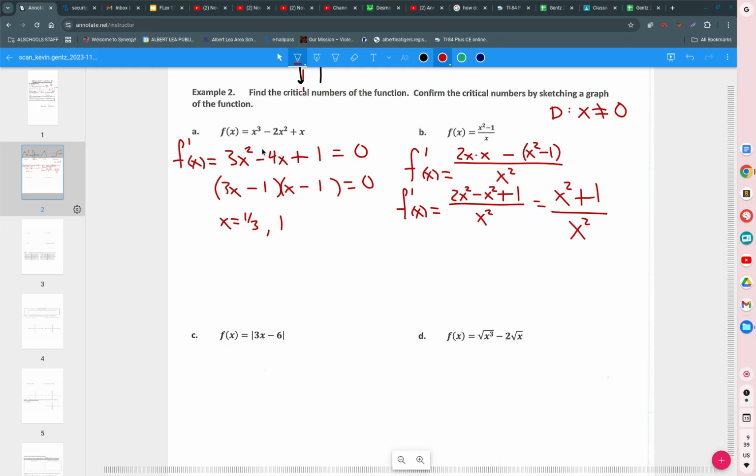If I plug in -1, -1 squared is 1 plus 1 is 2. So -1 is not a spot where it's equal to 0. 1 squared is 1 plus 1 is 2. Yeah, x squared plus 1 is always positive, right? The top is never equal to 0. When is the bottom equal to 0? At 0. And is that part of our domain? Right. So it's not part of our domain, so therefore we have no critical points.